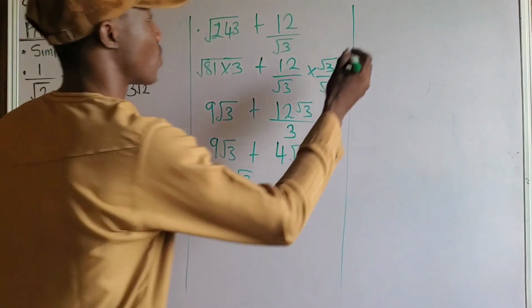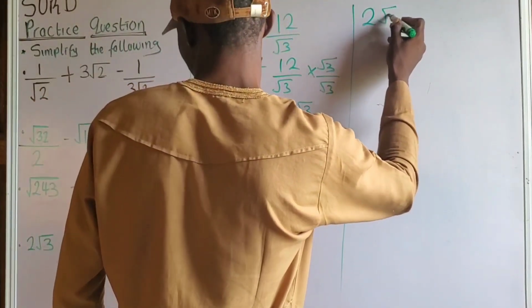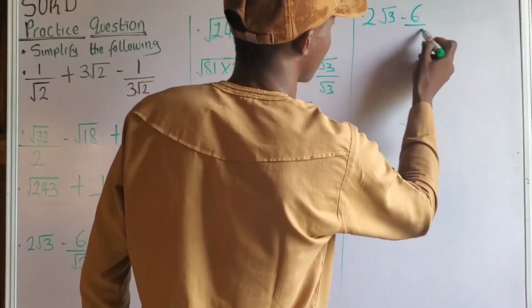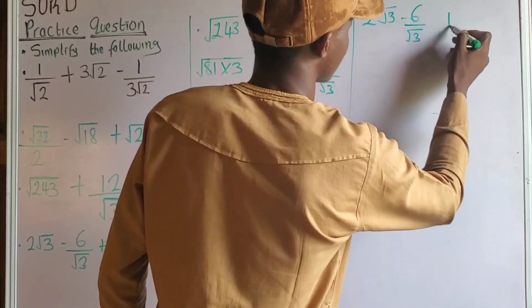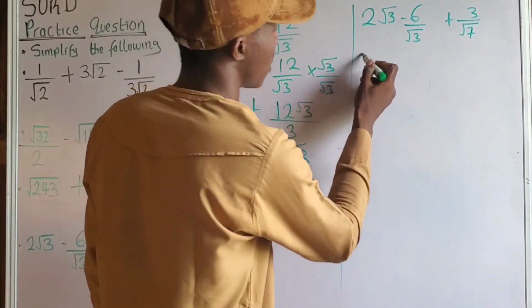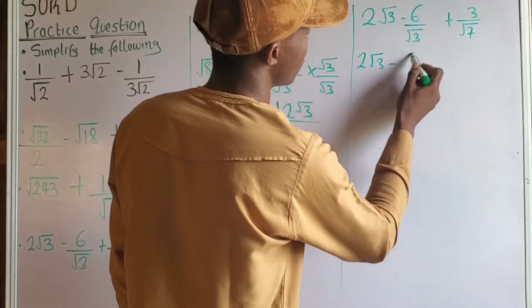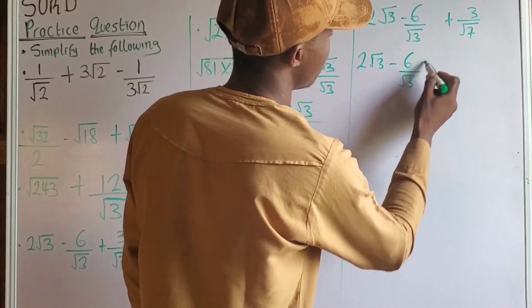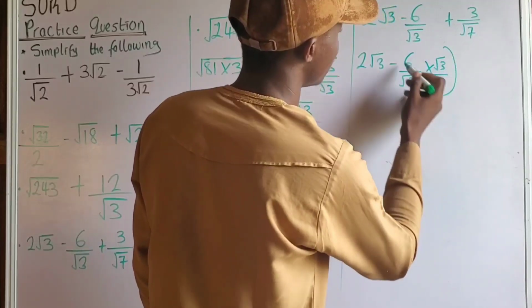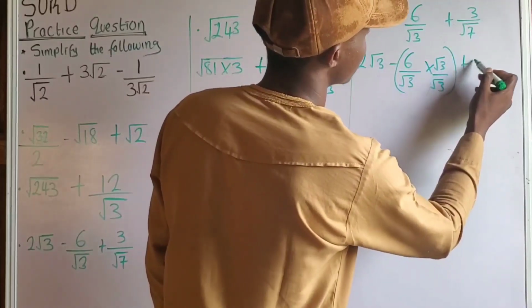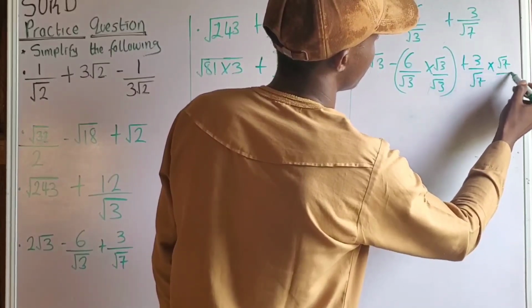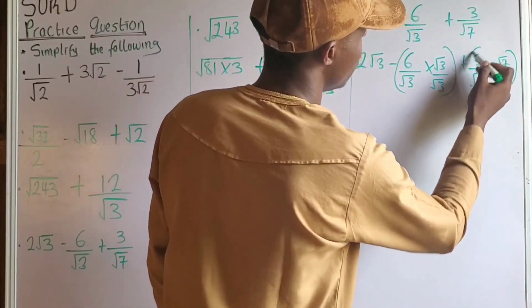So to solve this question, we have to first rationalize. Now let us rationalize. I'm going to have 2 root 3 minus 6 over root 3 multiplied by root 3 all over root 3, put this in brackets, plus 3 over root 7 multiplied by root 7 all over root 7. Okay, do you understand?